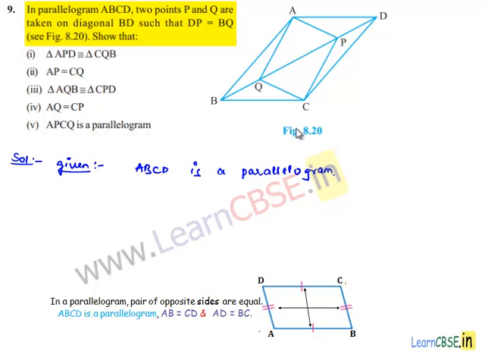Let us note the properties of the parallelogram, that is AB will be parallel to CD and also AB will be equal to CD, and AD will be parallel to BC and AD will be also equal to BC.